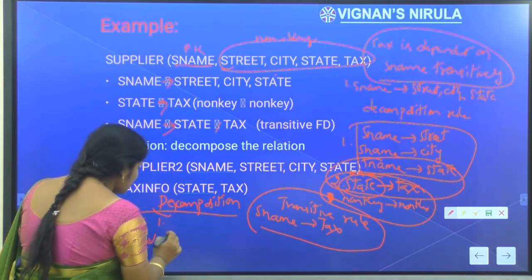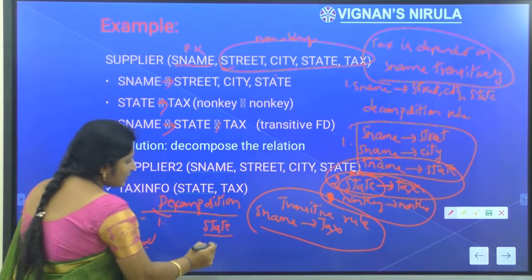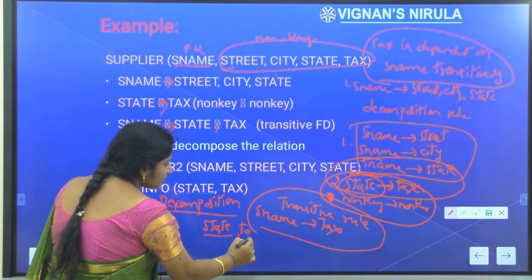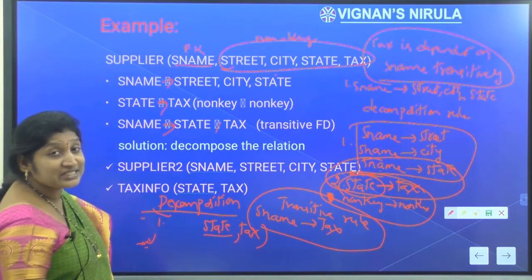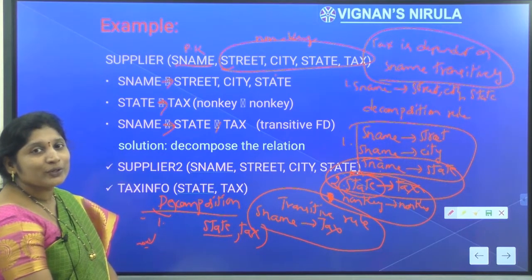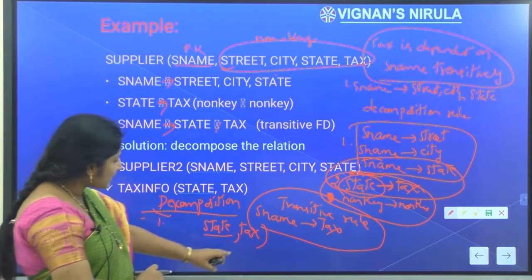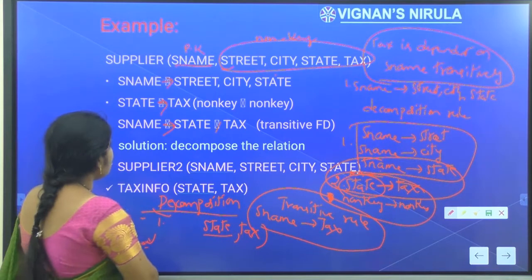So in one subtable, I can have state as the primary key in which tax is there. Then state implies tax will become a key to non-key relationship where the tax, the non-key, is directly dependent on the primary key.